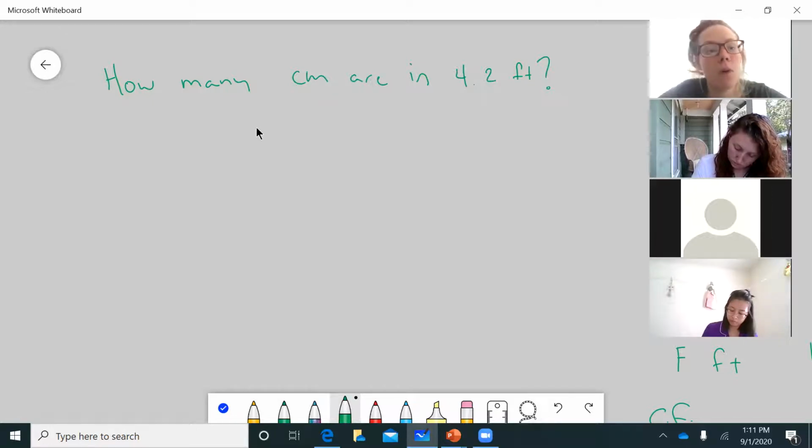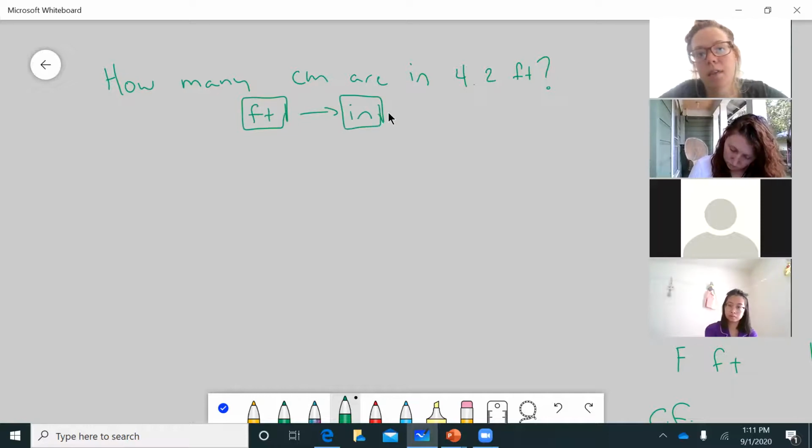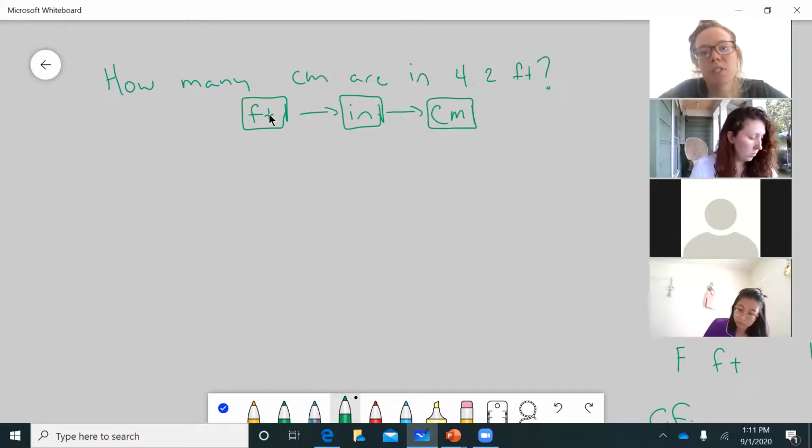But I do know I usually have really good access to feet and inches, I know their relationship, and I know very well inches to centimeters. I'm going to make a little flow chart here. So I'm going to go from feet to inches and then inches to centimeters.